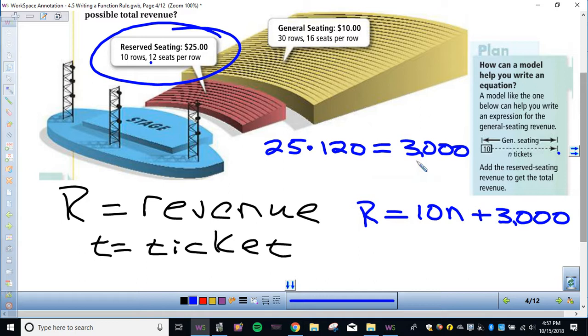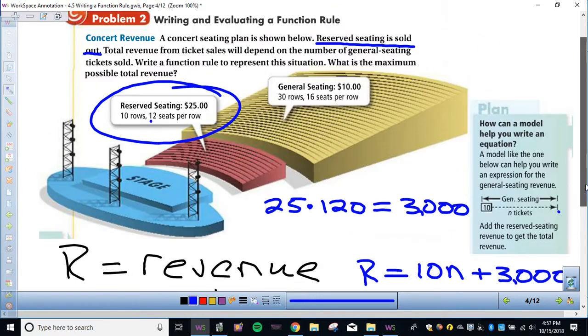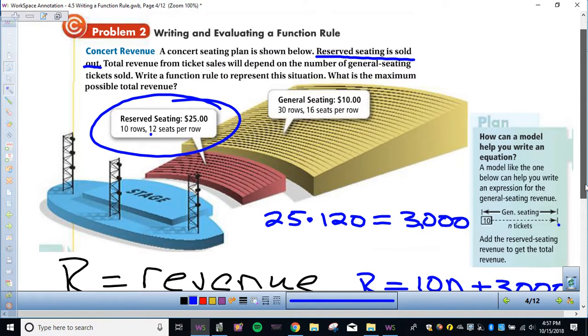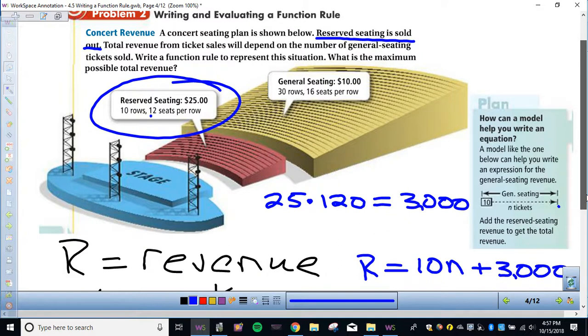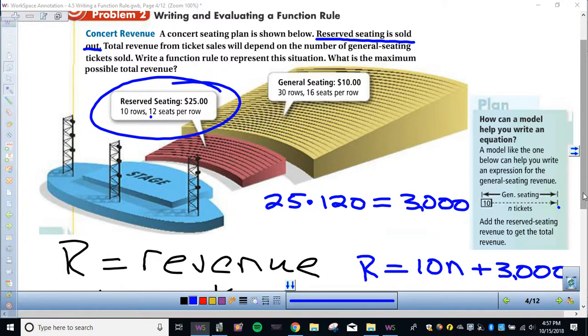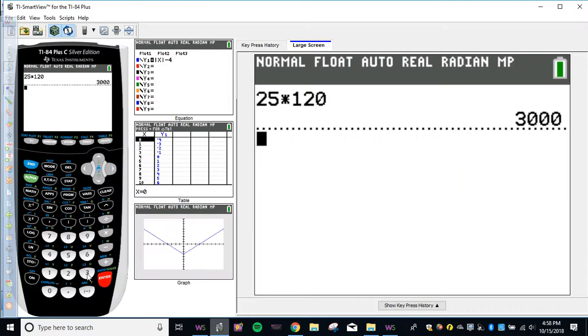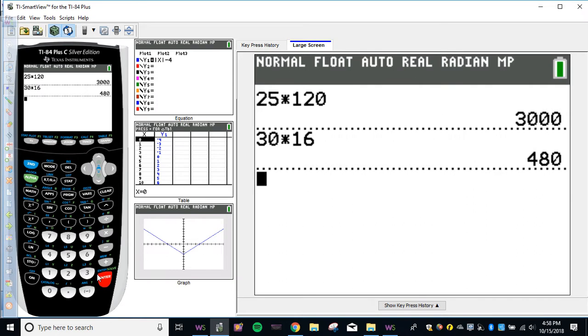Let's go back and read the problem again so we make sure we answer the question. What is the maximum possible total revenue? We're going to take this 30 times the 16 and plug it in for the n, because that'll tell us the maximum revenue. So 30 times 16 is 480 general admission seats.